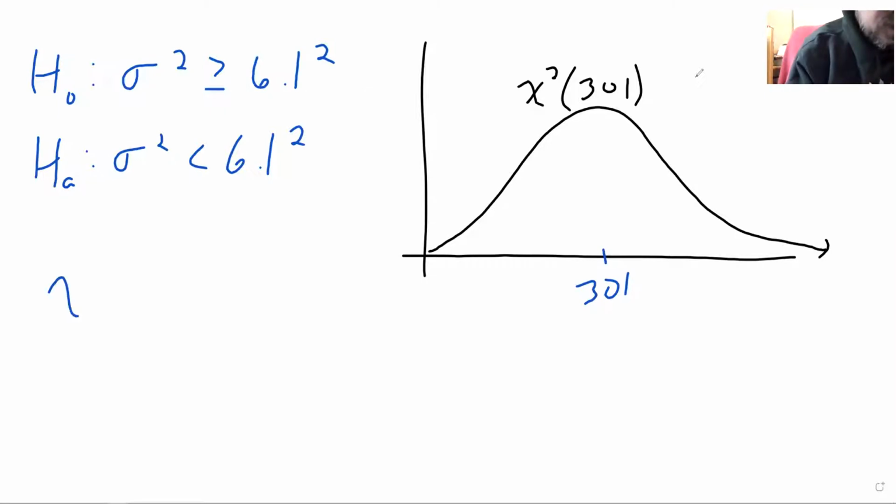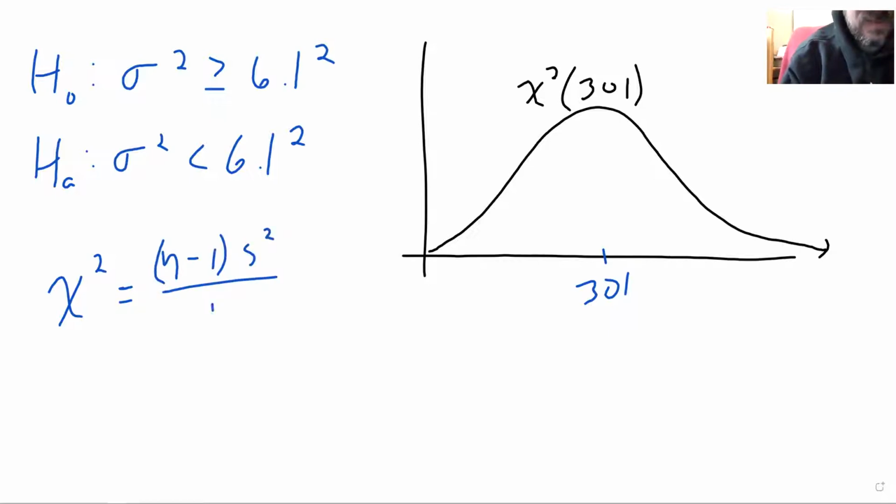We're going to say chi-square, our test statistic, equals n minus 1, which is 301. Let me actually write the formula here. N minus 1 times s squared over sigma squared. That is our test statistic.